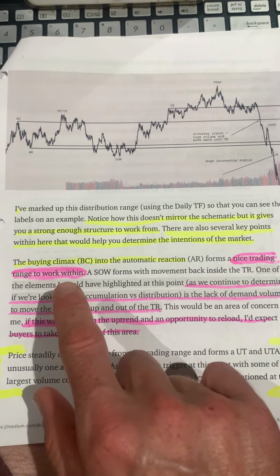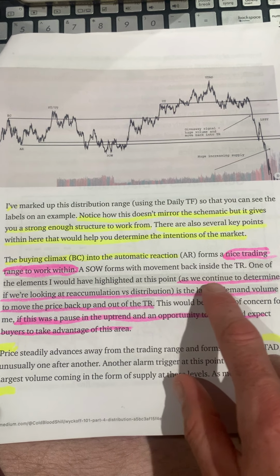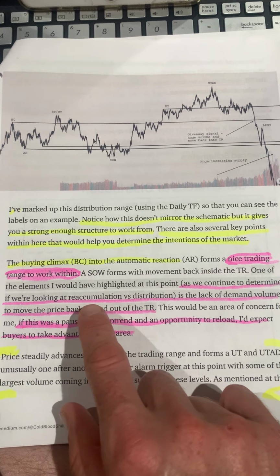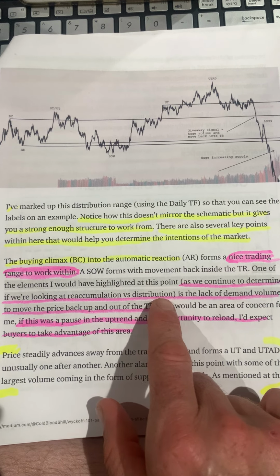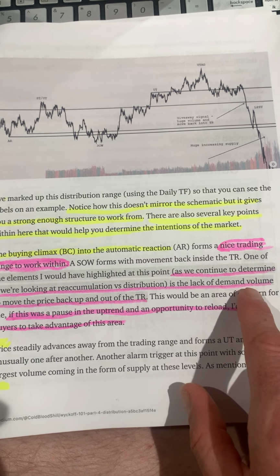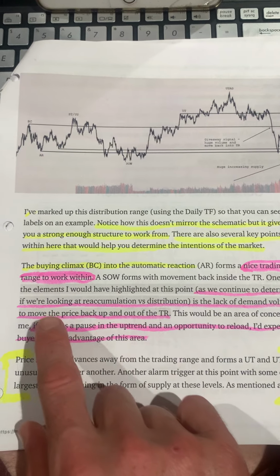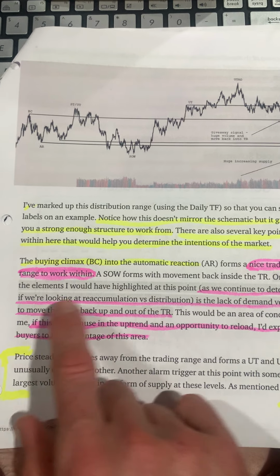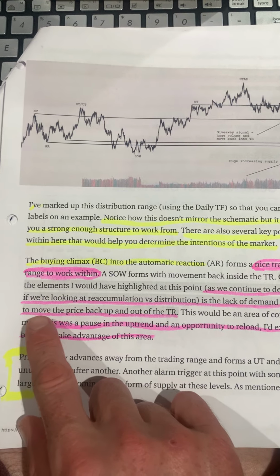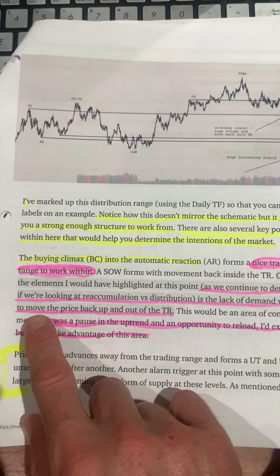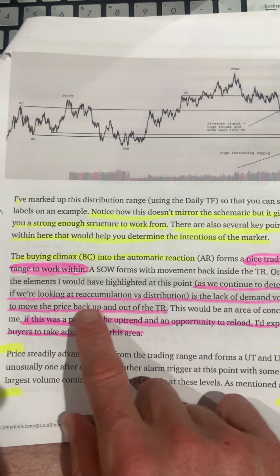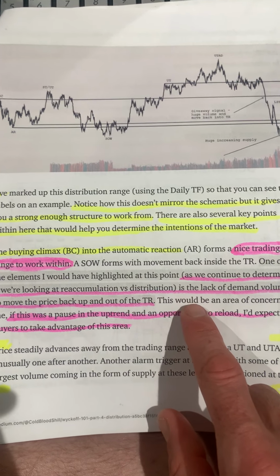One of the elements I would have highlighted at this point, as we continue to determine if we're looking for reaccumulation versus distribution, is the lack of demand volume to move the price back up and out of the TR.